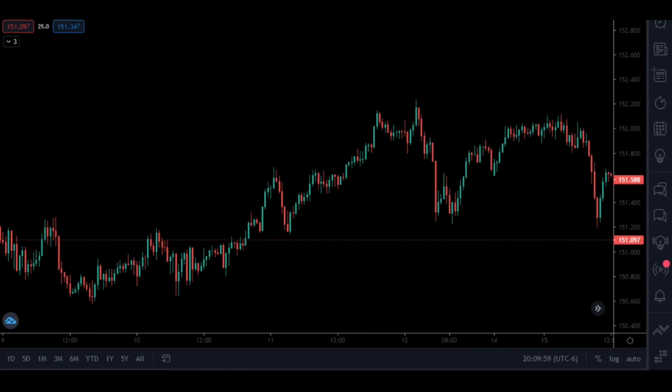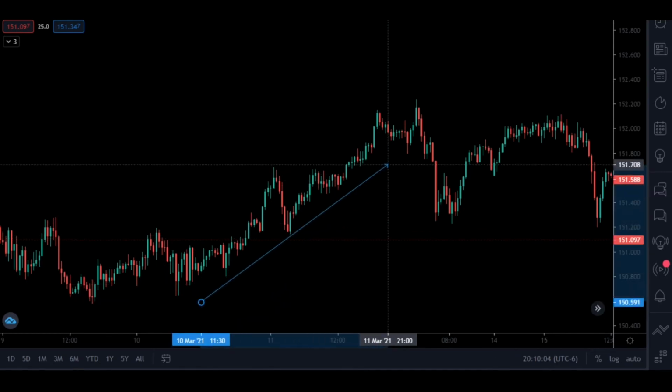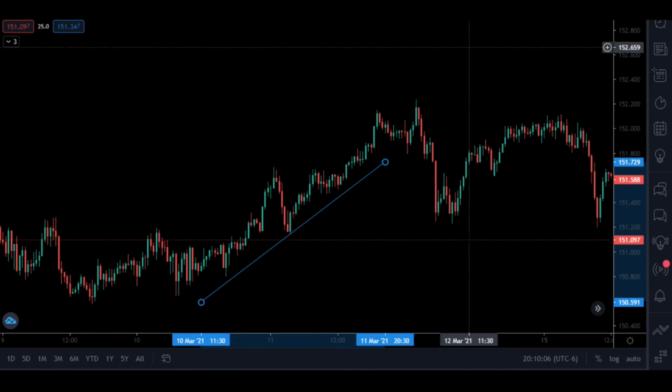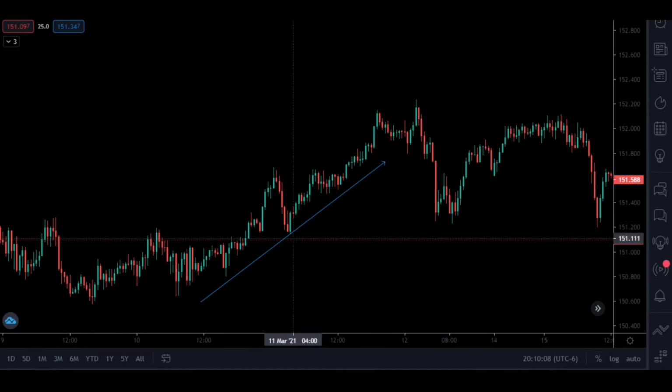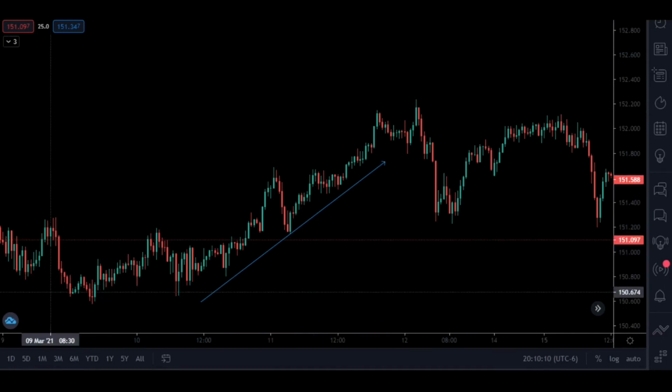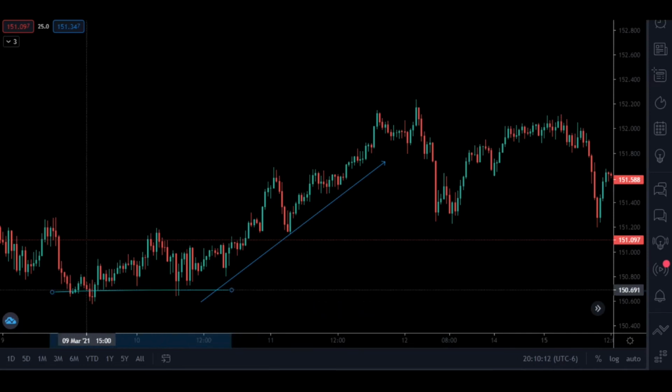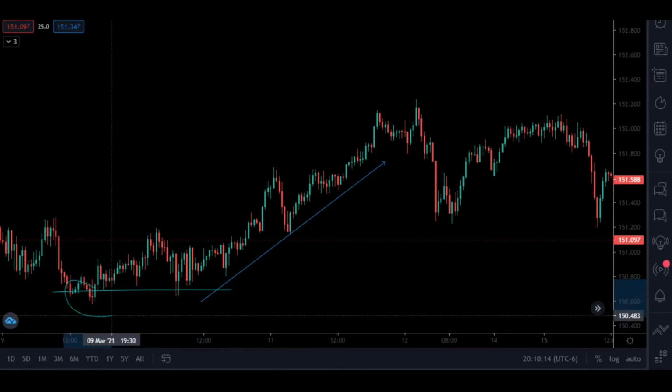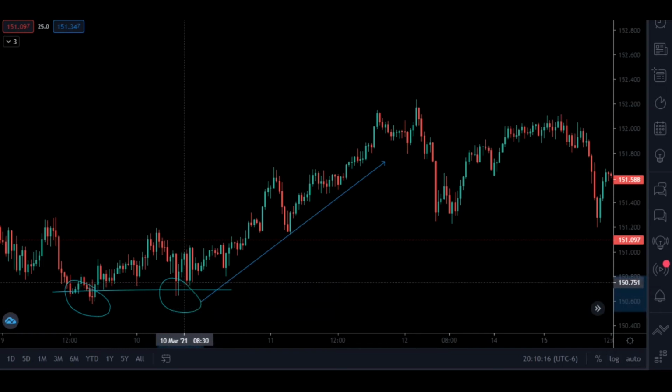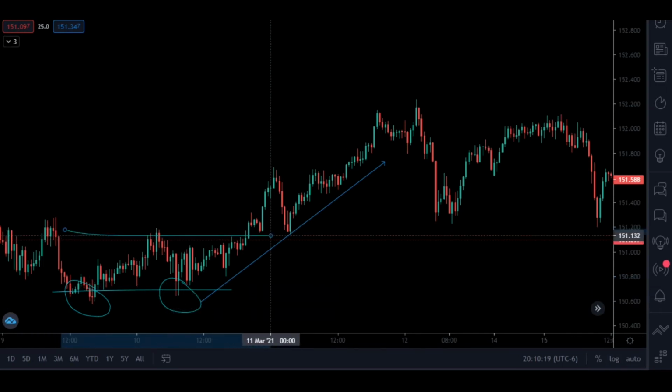First step is we have an uptrend, obviously. As you can see, price in here made this low. Price failed to continue going down, so it broke this kind of base.